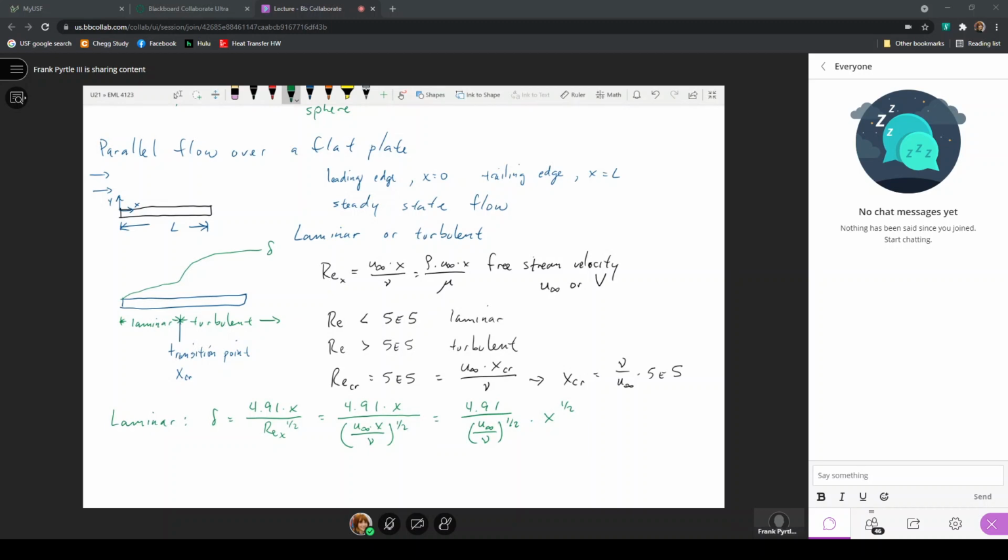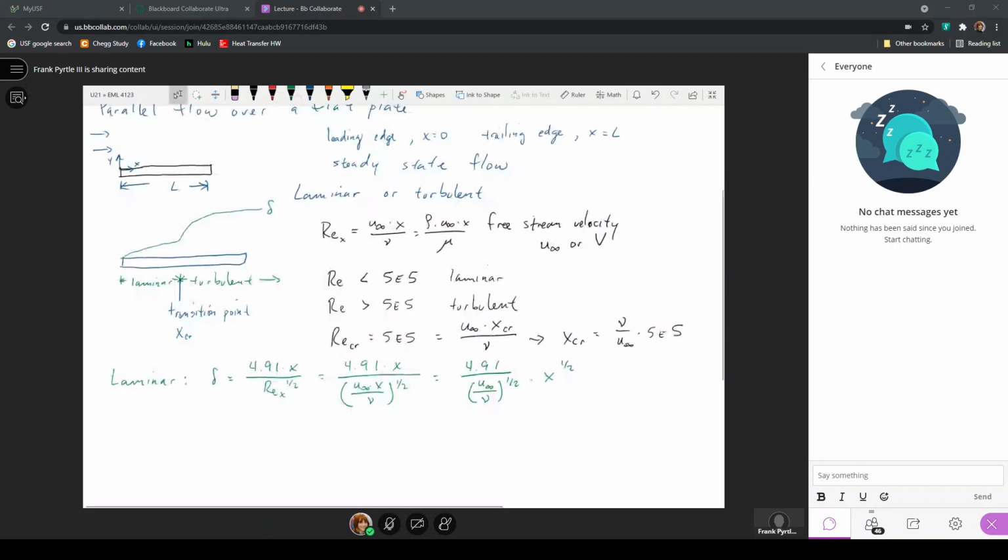And so that would describe the thickness of the boundary layer all the way up until we get to this transition point that is x sub CR. Now, once we get to the turbulent flow condition, the boundary layer thickness grows at a different rate just due to the nature of the turbulent flow. In the laminar flow condition, essentially the molecules of fluid just slide past one another in layers.